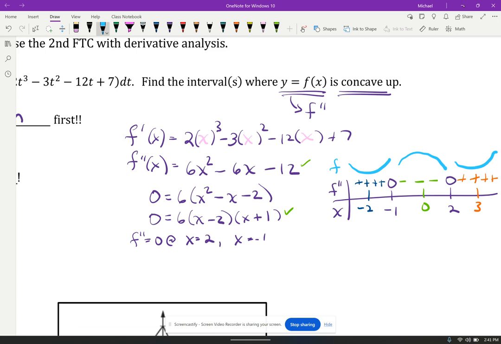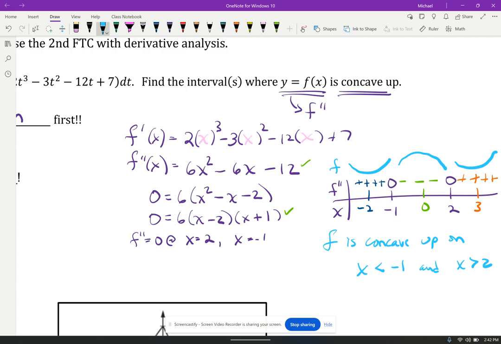But the question was, where is the function f concave up? The function f is concave up on x's that are less than negative 1 and x's that are greater than 2.